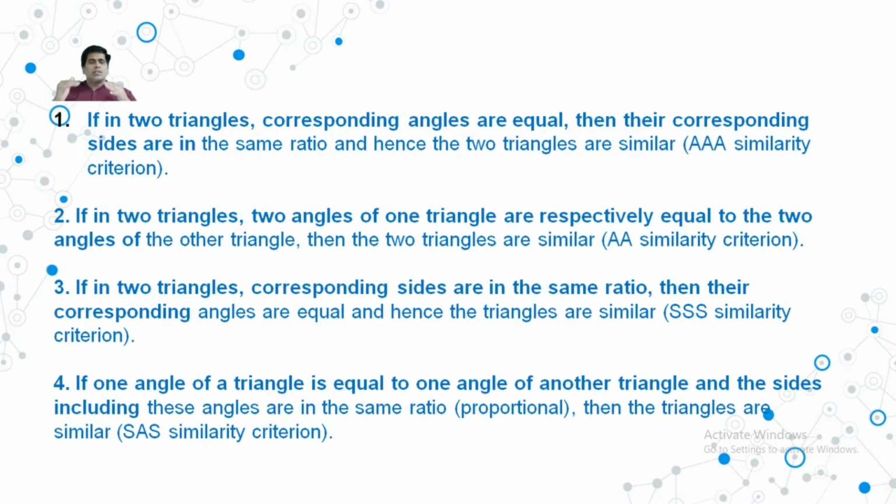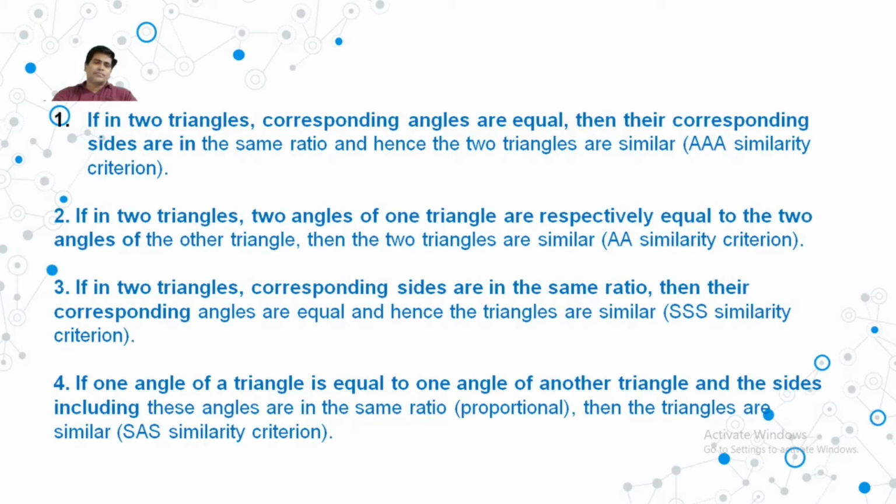So these are all three criteria we have. Let us see the first one also: if in two triangles corresponding angles are equal, then the corresponding sides are in the same ratio. Hence, the two triangles are similar. Similarly, the AA criterion also.